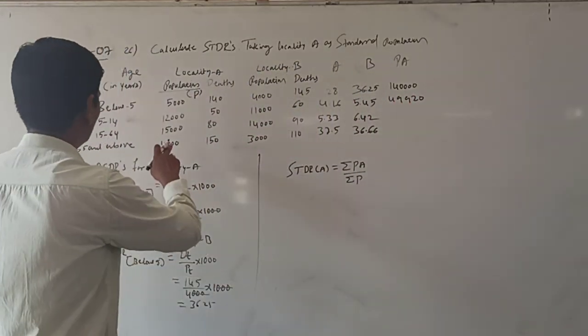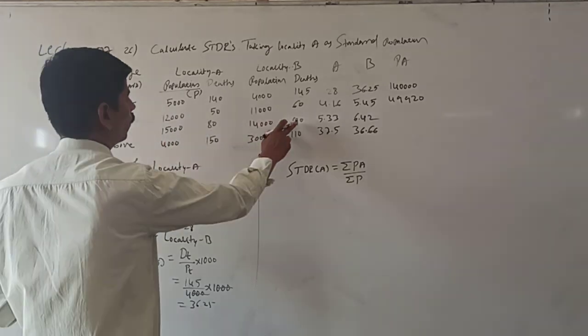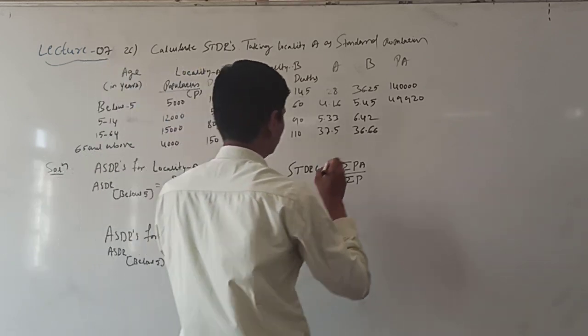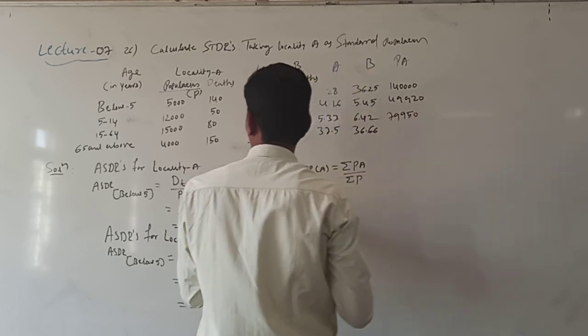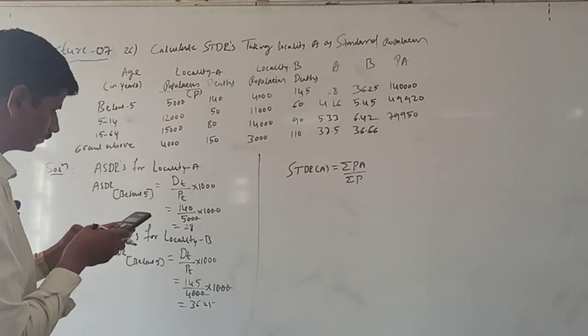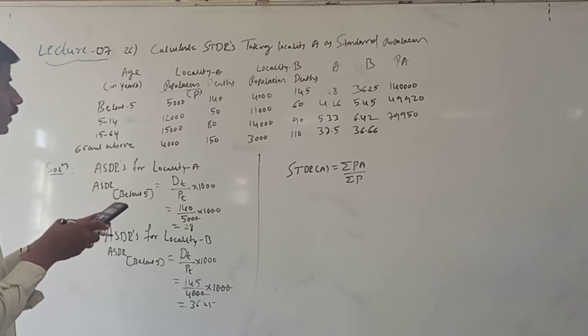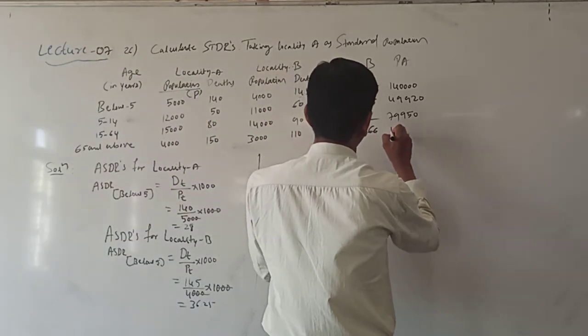The next one, 15,000 into 5.33, then we'll get 79,950. Next 4,000 into 37.5, then we'll get 1,50,000.